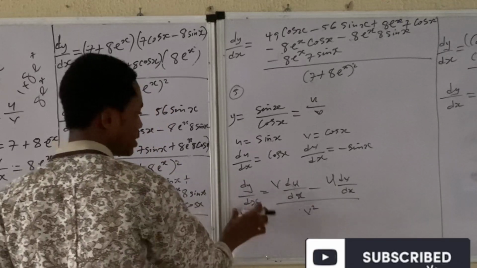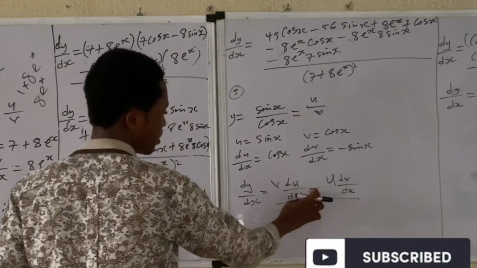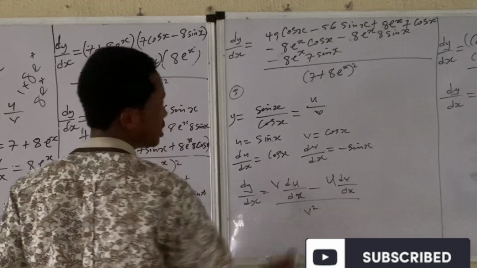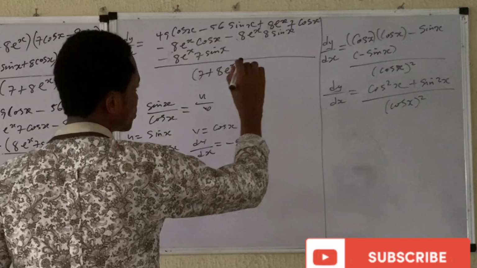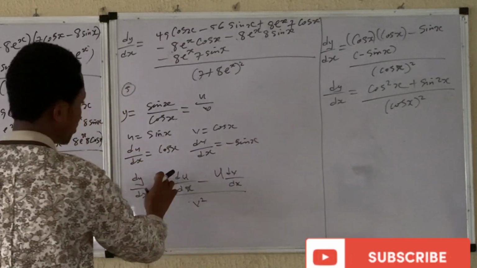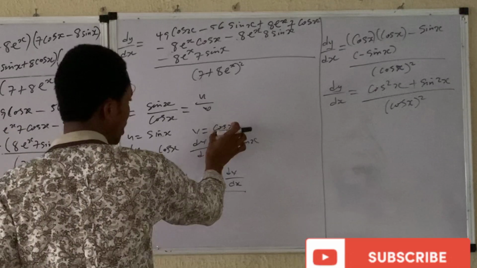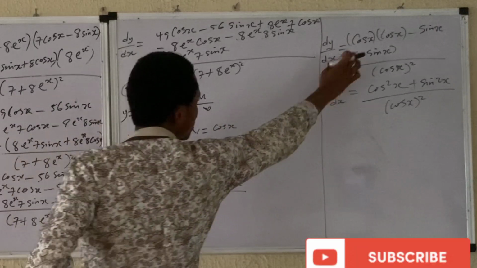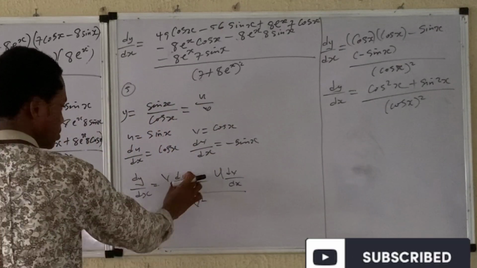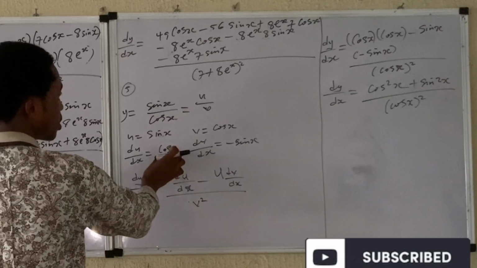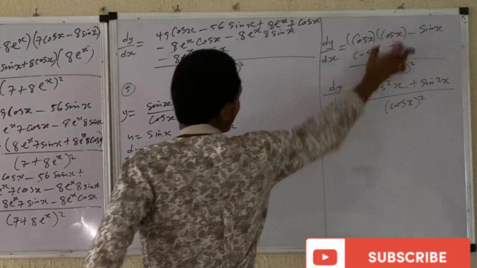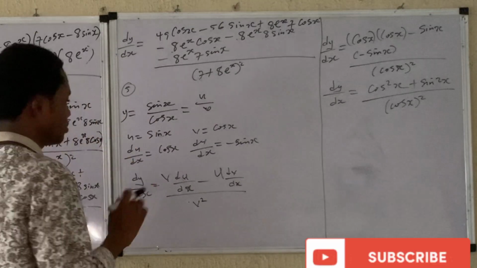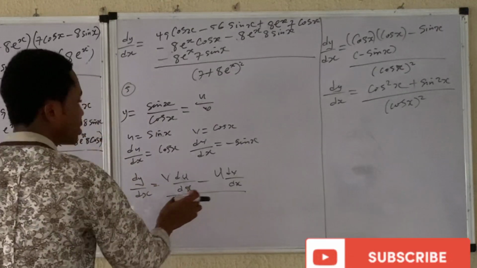Using the formula, dy dx equals v du dx minus u dv dx all over v squared. Have dy dx equals, where is our v? Our v is cos, which is the cos we have here. Our du dx is cos as well, and we bracket them so you can easily differentiate both.